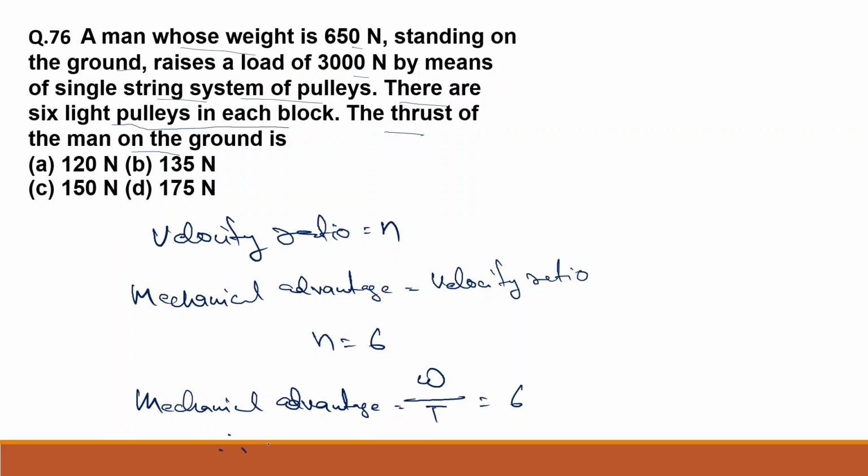Tension is equal to weight upon 6, is equal to 3000 upon 6, is equal to 500 Newton.